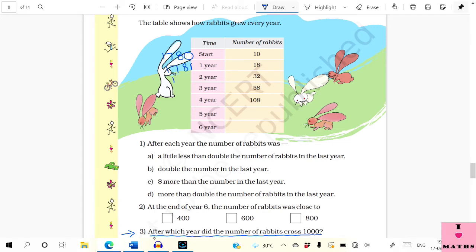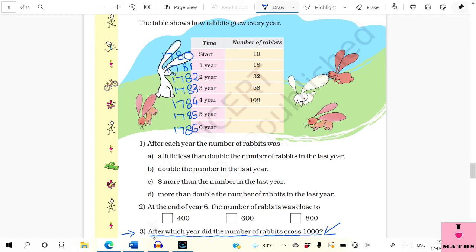Is this year 1782? Is this year 1783? Is this year 1784? Is this year 1785? Is this year, and 1786 is this year. Now we have to find out in which year the number of rabbits crossed 1000.